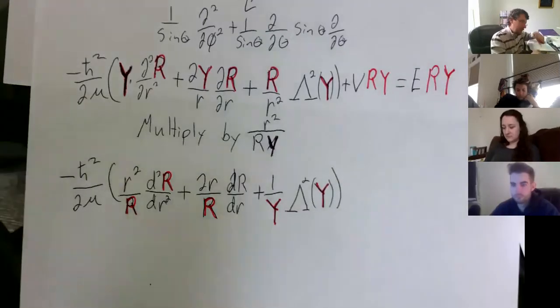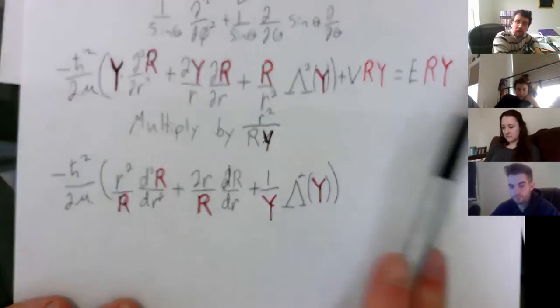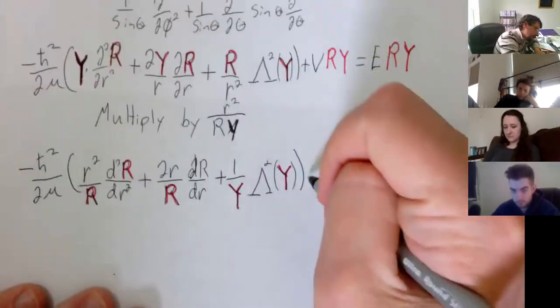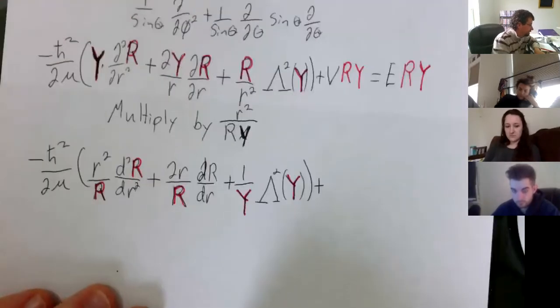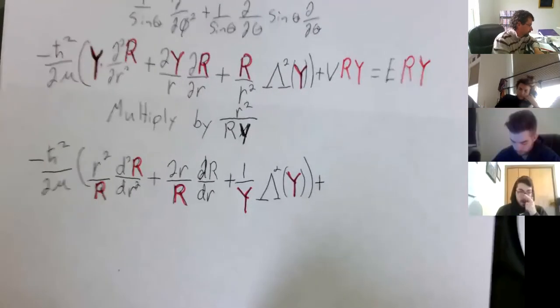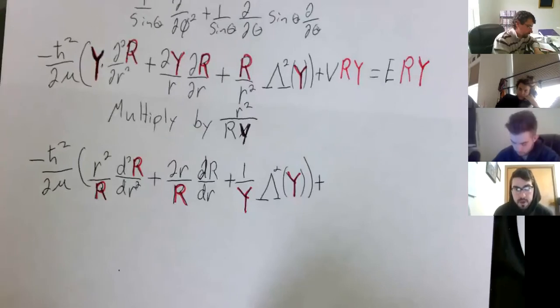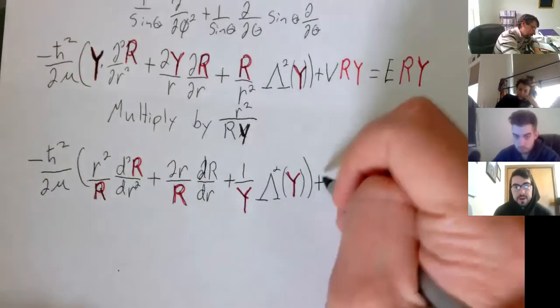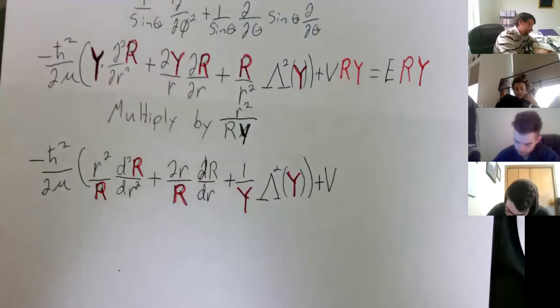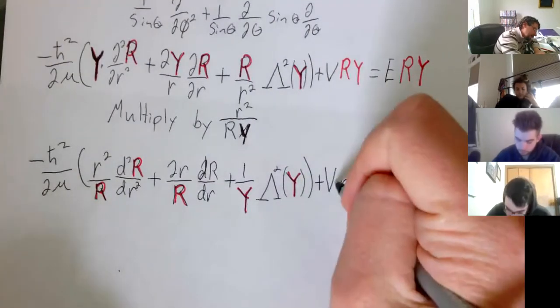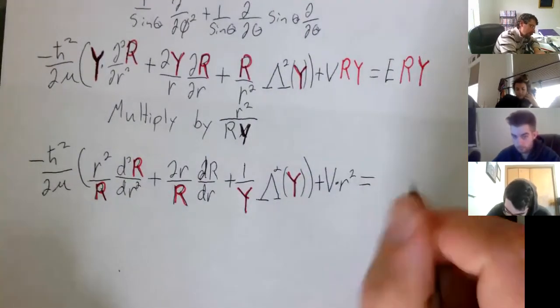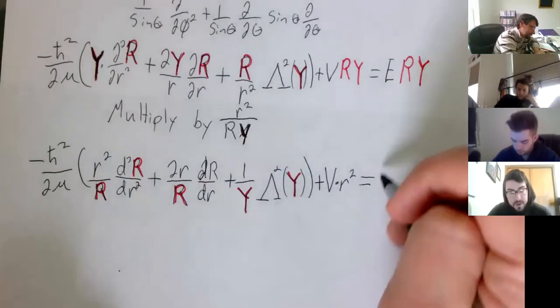Okay, now we have to do that to all parts of this function, right? So what does the potential part become? V r squared. Yep, and the energy portion? E r squared.